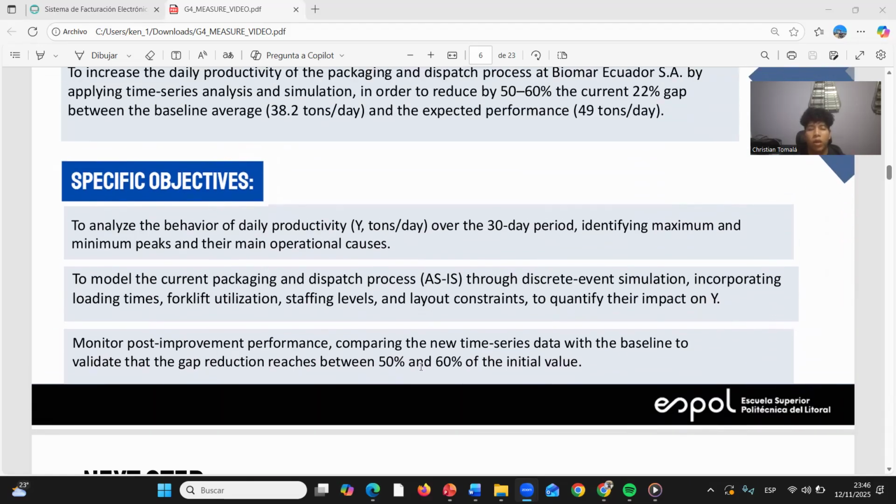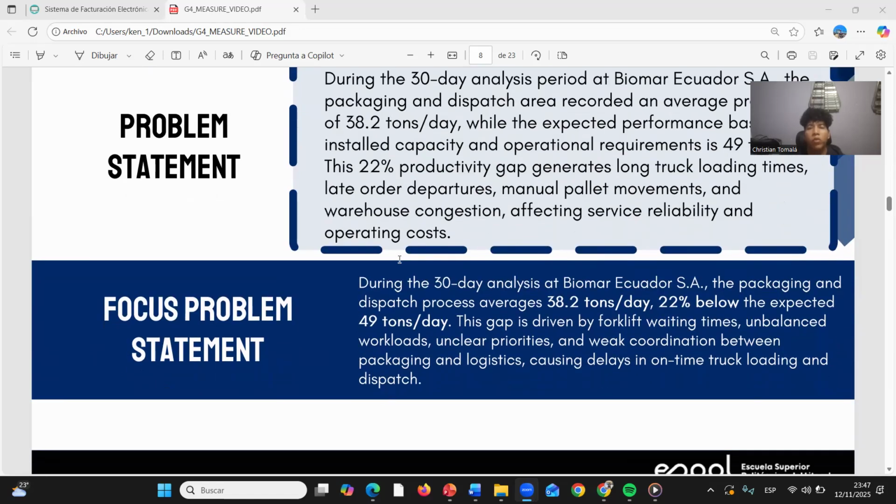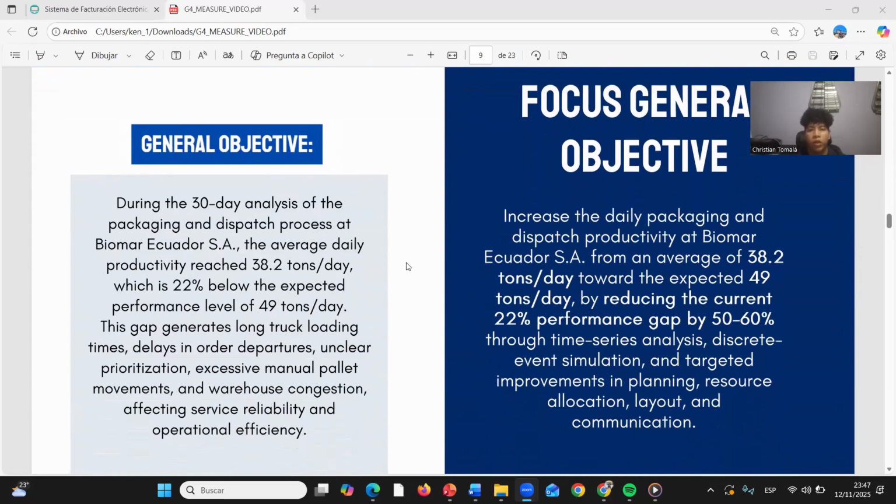For specific objectives, we want to analyze the behavior of productivity, and compare the initial scenario with the final scenario. So about our focus problem, we just want to reduce this 22% by the end of the project.